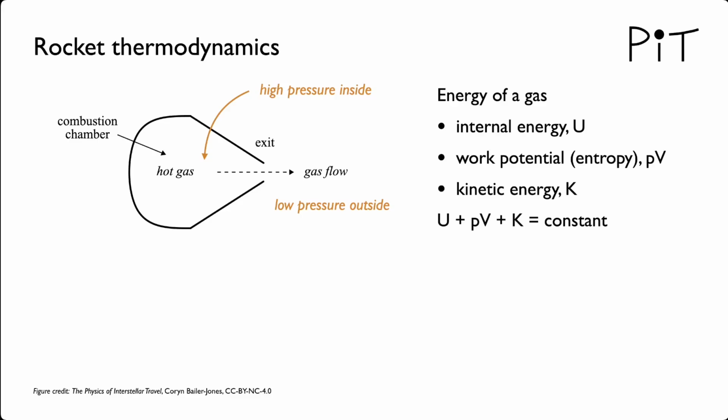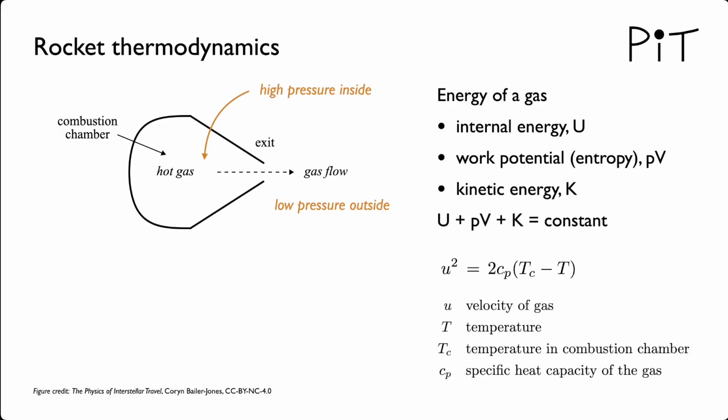The velocity, symbol small u, of the gas at a point where the temperature has dropped to T is given by this equation. Here, Tc is the temperature that the gas had in the combustion chamber, and Cp is the specific heat capacity of the gas at constant pressure. So as the gas moves towards the exit, it cools, converting its heat energy into gas kinetic energy, which is directed thrust.